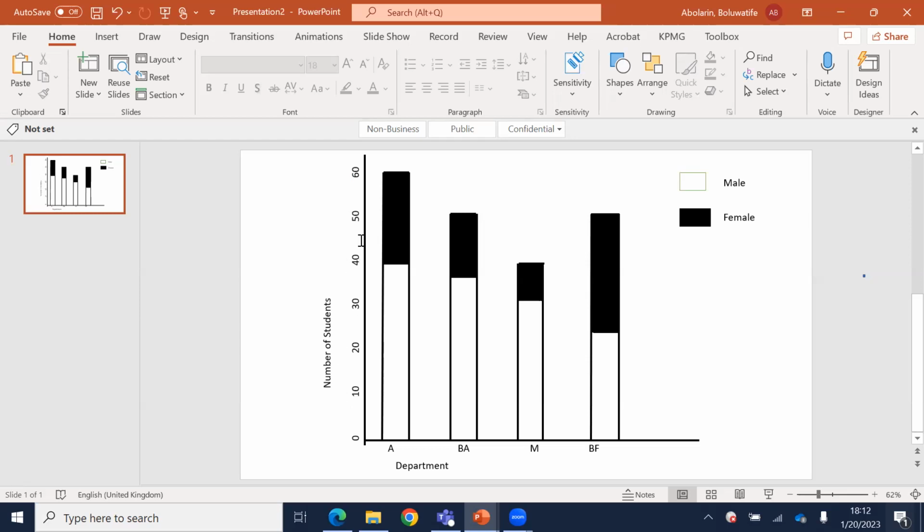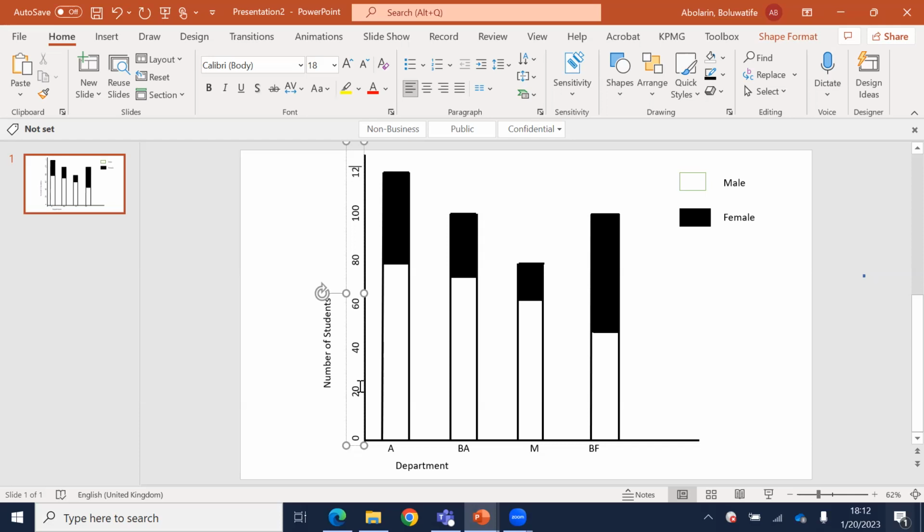Because the space is too much, let's use 20, 20. So this space will be 20, this space will be 40. The distance is 20, so 60, 80, 100.